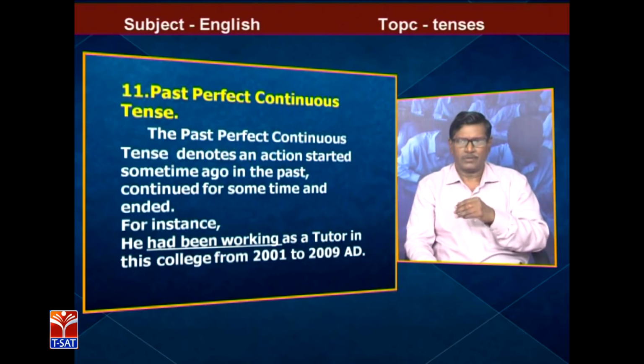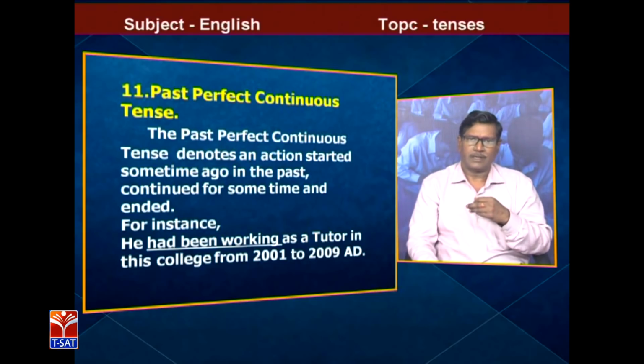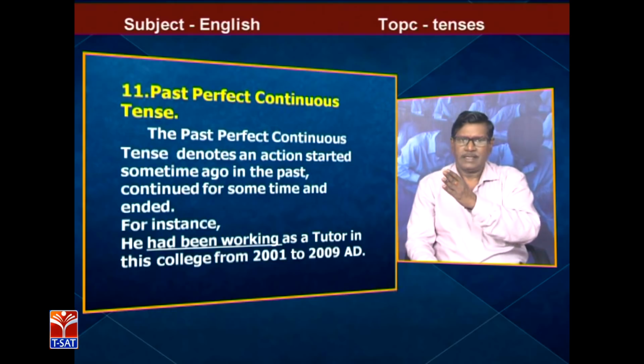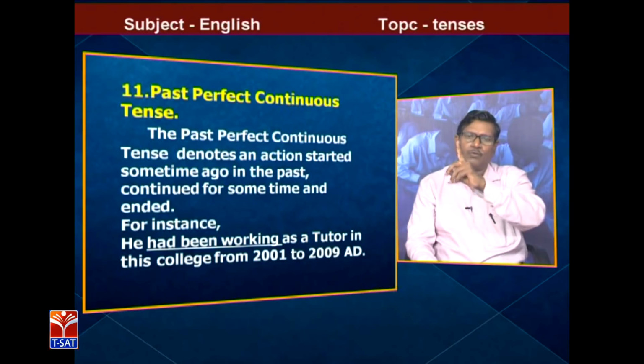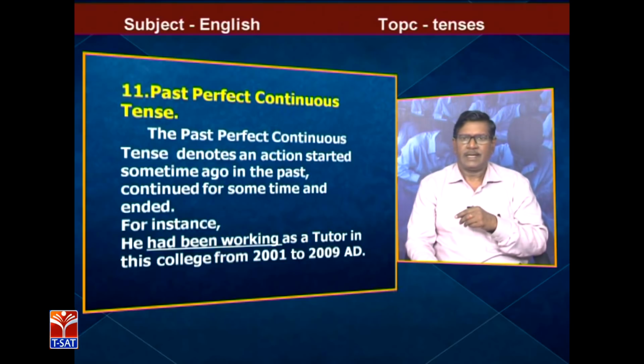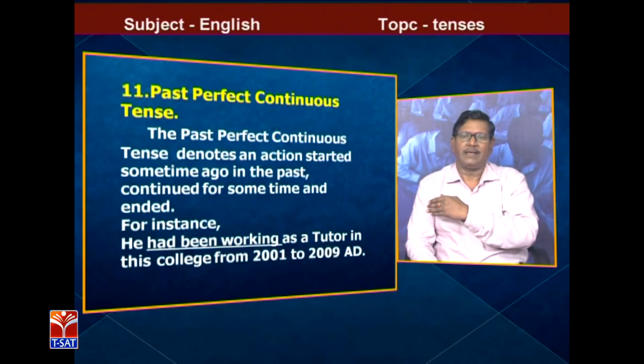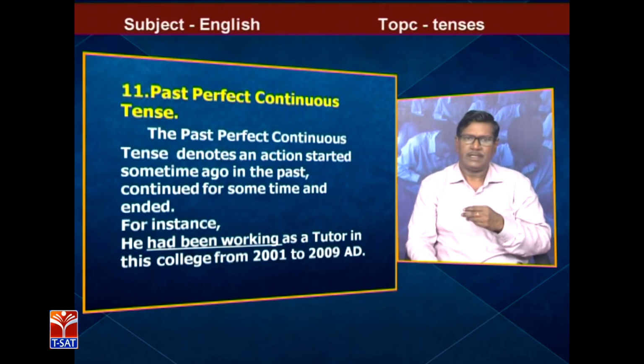The same person who is now working as a lecturer, he had been working as a tutor in this college from 2001 to 2009, and since 2010 he has been working as a lecturer. Now he is a lecturer. He is still working as a lecturer. But before 2009, he had been working as a tutor in this same college from 2001 to 2009.